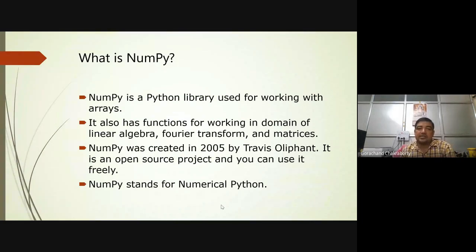NumPy was created in 2005 by Travis Oliphant, the same person who invented SciPy. It is an open source project and you can use it freely. NumPy stands for numerical Python.